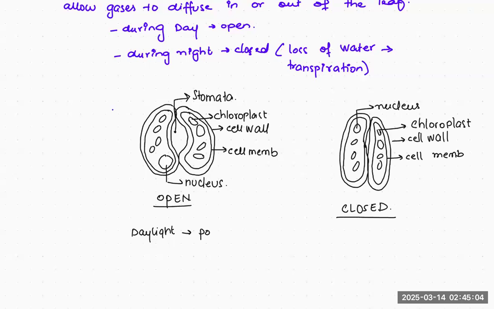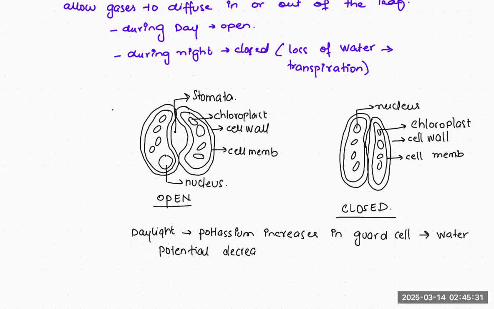Now, over here, we need to relate this to the topic of diffusion or osmosis. So what is going to happen is that the water potential inside the guard cell decreases. When the water potential decreases, what will happen?